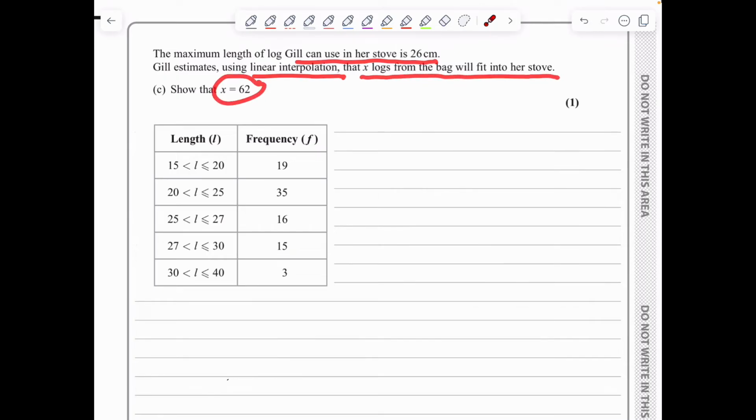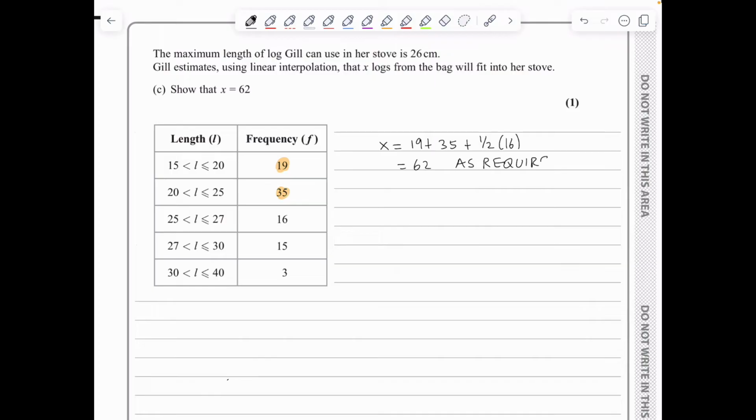Well, if we think about it, 26 is the midpoint of the 25 to 27 class, which means I will surely have those 19 and those 35 logs, and then exactly half of the 16, because 26, as we said, is the midpoint of this class. So X is simply the 19 plus the 35 plus a half of the 16. This gives an answer of 62 as required.